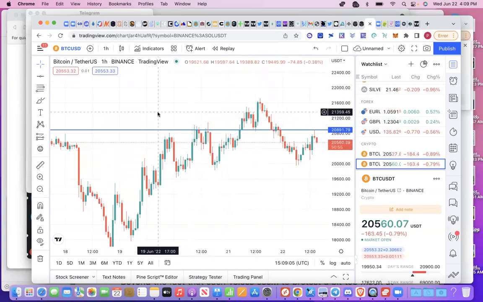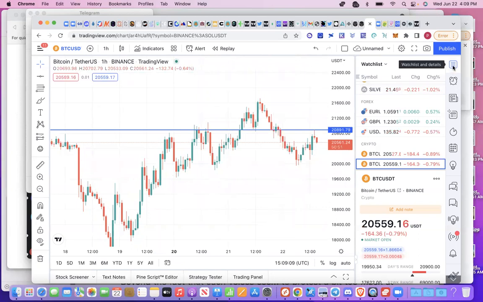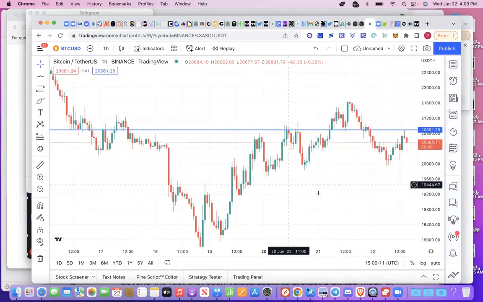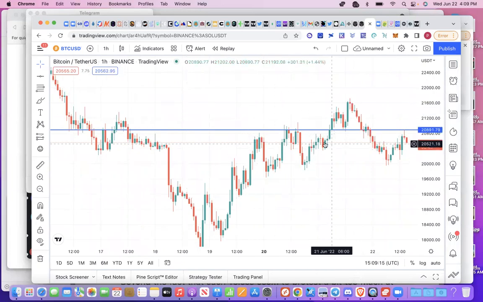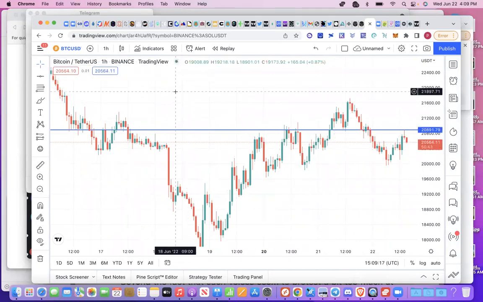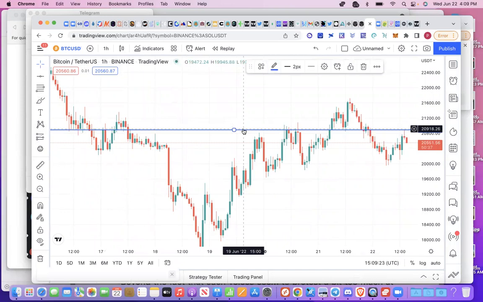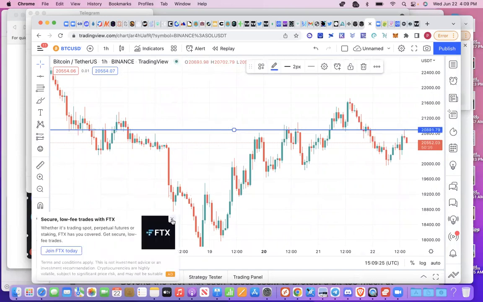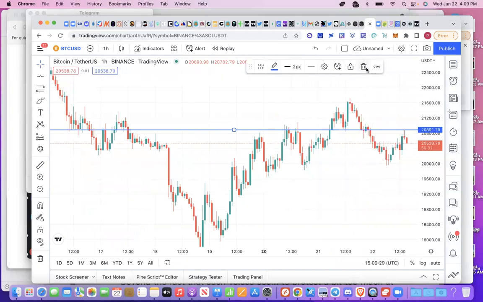Now, for instance, this is TradingView, okay? Let me close this so that we can see it more properly. You have your TradingView, and let's look at BTC, for instance. Now, this is a trend line, okay? I want to look at how I identify support and resistance.